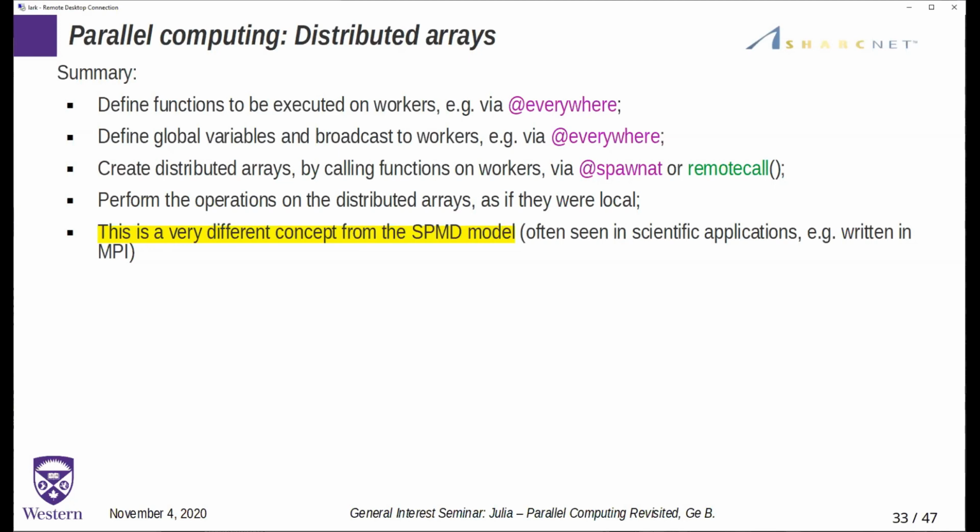You don't have to worry about the data transfer between processes, where the processes are, or the topology of the processes. All you need to worry about is the entire abstract data set. For example, in this case, it's a matrix. The matrix is stored, distributed across different processes, workers, and you can do your computation as usual as if it were stored locally.